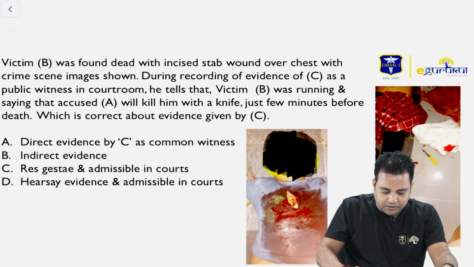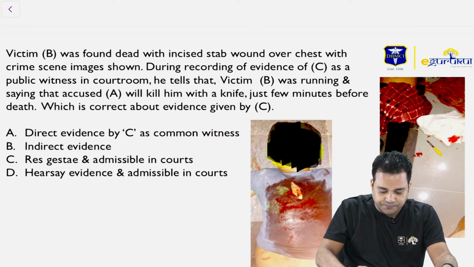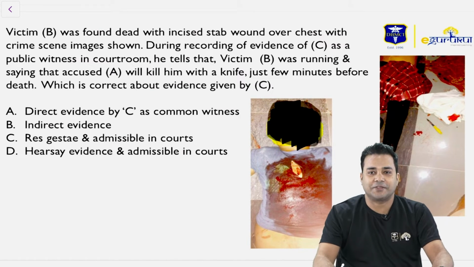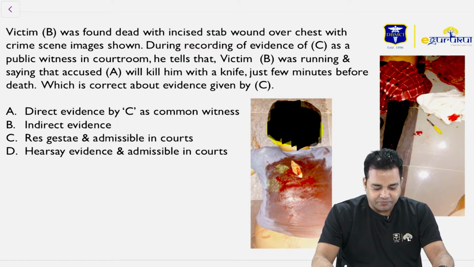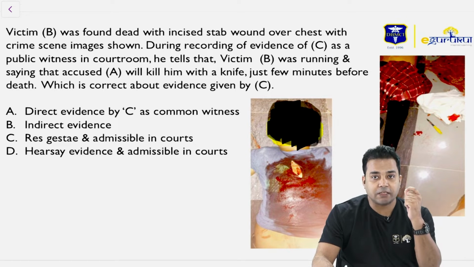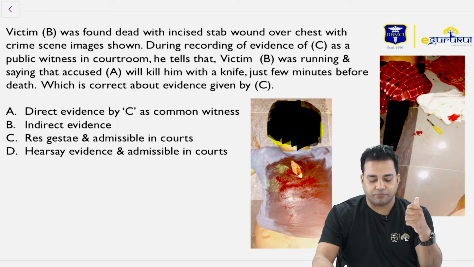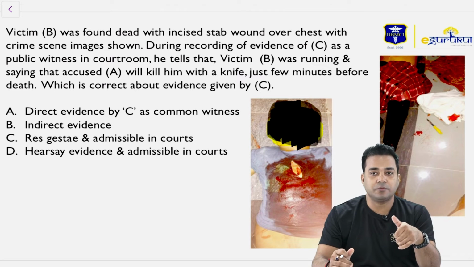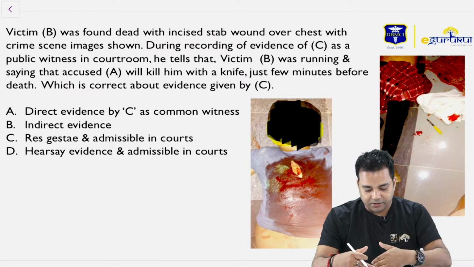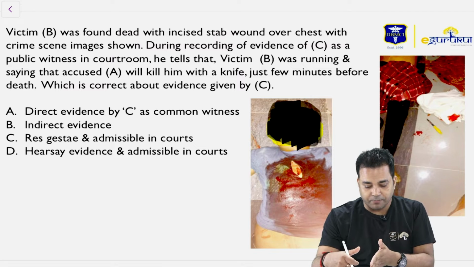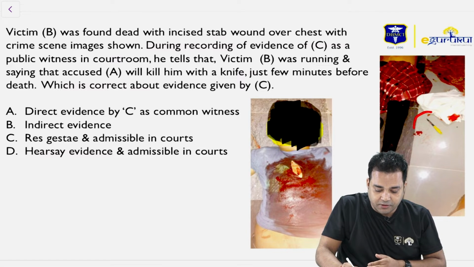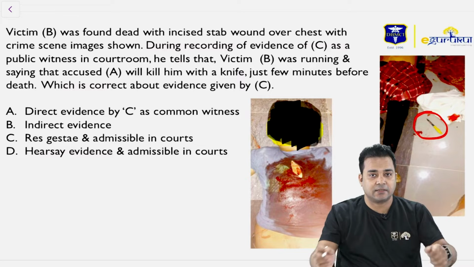Solve this another question and then we will discuss this topic. Another question for you. There is a victim B who was found dead with incised stab wound over chest, with crime scene images shown to you. Now a victim is present with wounds, the weapon knife can be seen over here, and blood stains can be seen.